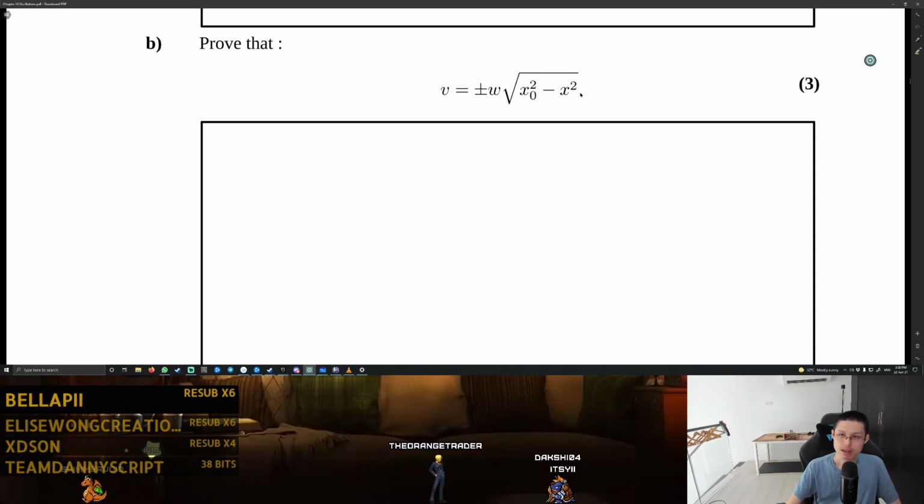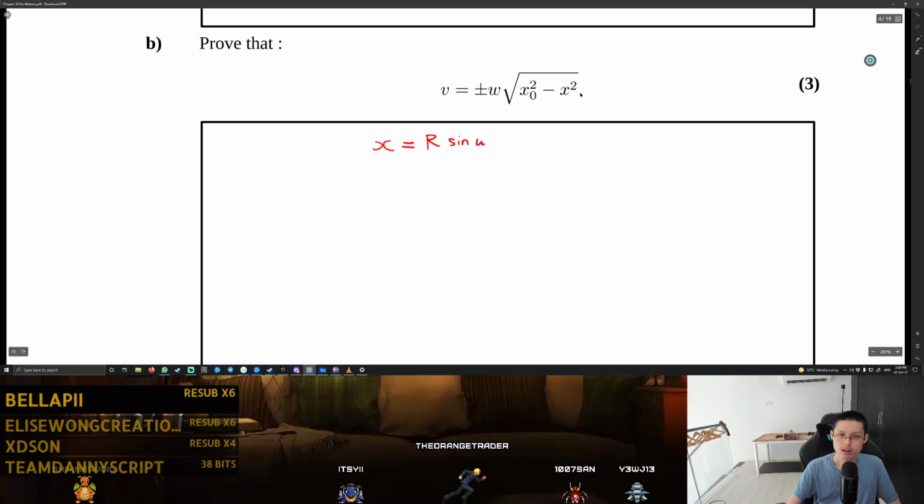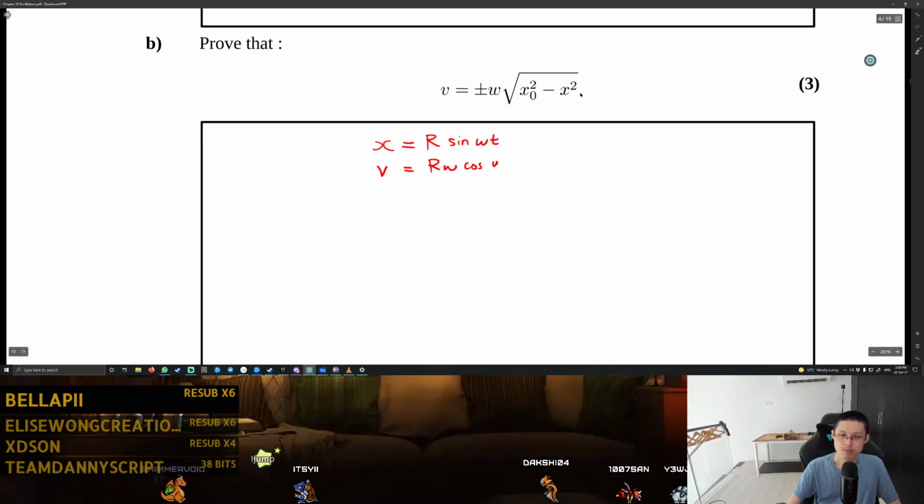Let's say we have x equals r sine omega t, which means v must be r omega cos omega t, right?